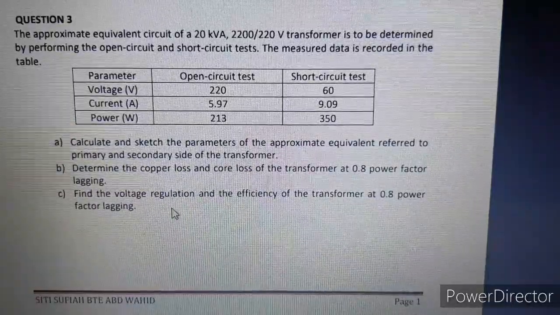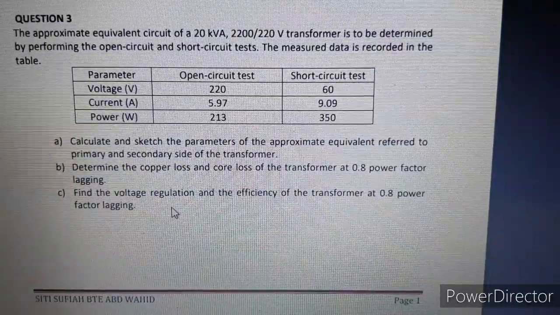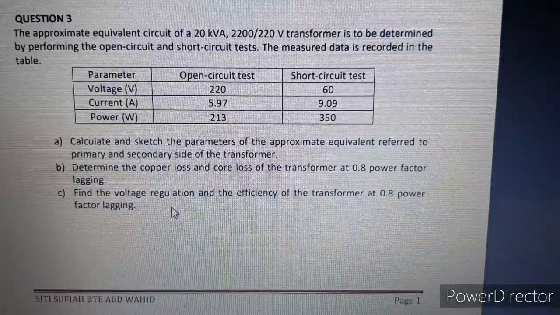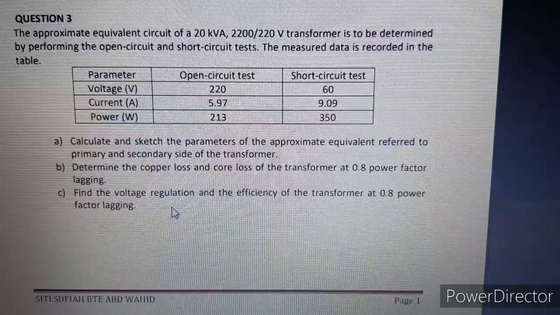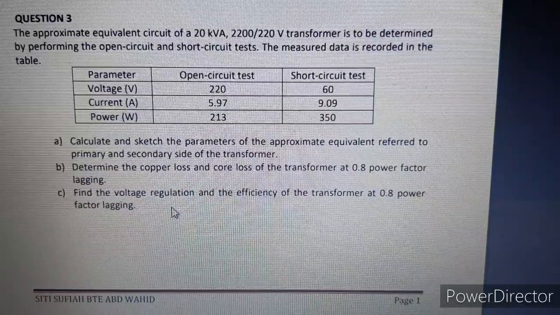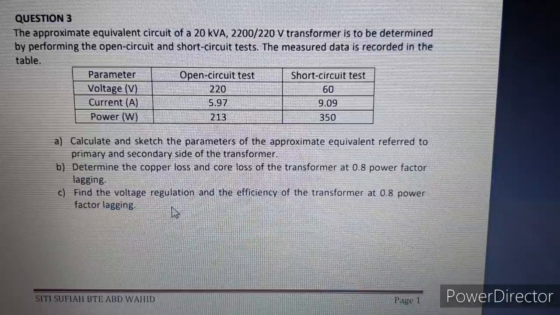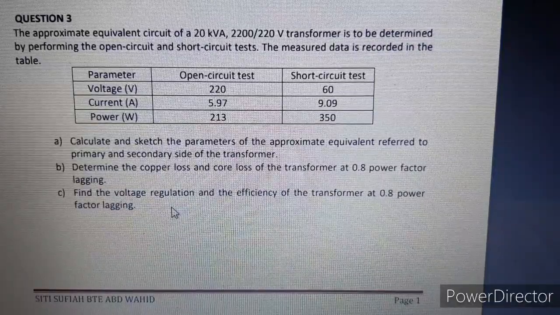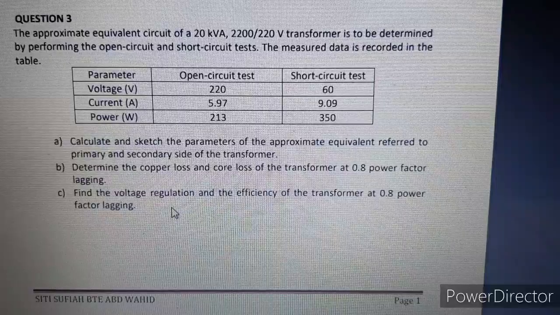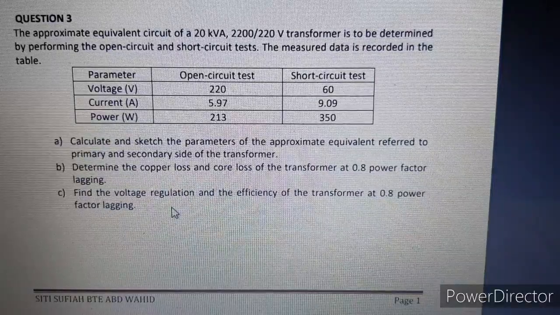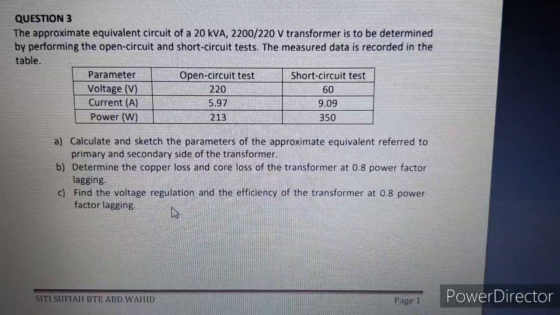In this video, I'll show you the solution if you are using referred to secondary. If you read through the question, it's not stated whether you need to use referred to primary or referred to secondary, so it's up to you to use whichever approximate equivalent circuit you like.